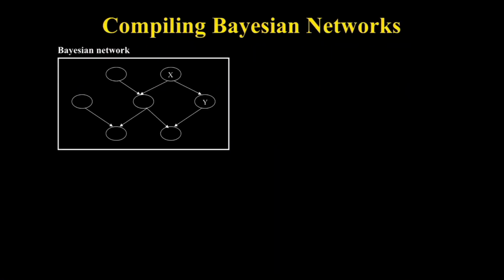And if you remember, the big picture was like this. Here's the Bayesian network. There is an underlying network polynomial, and I want to get this represented as a compact arithmetic circuit.